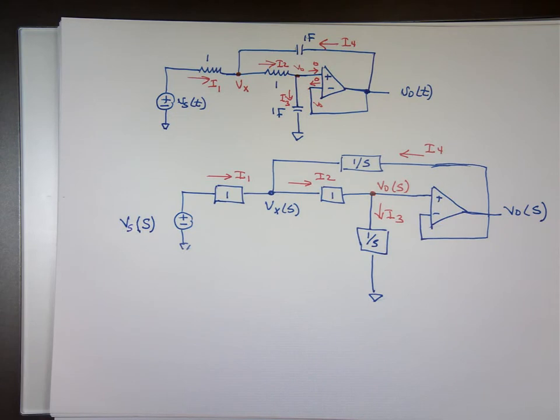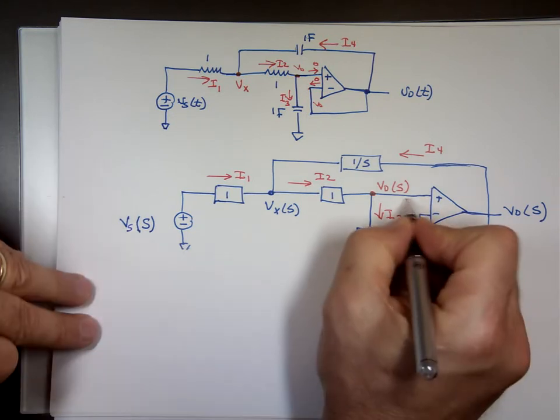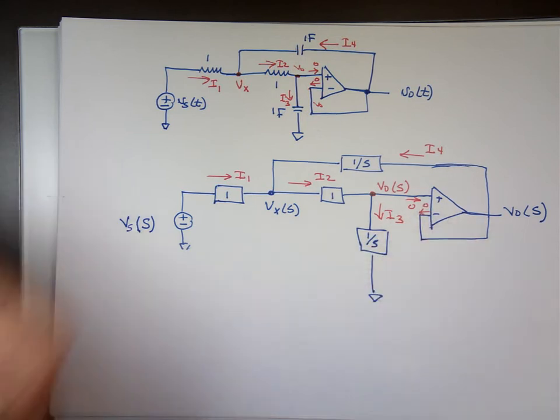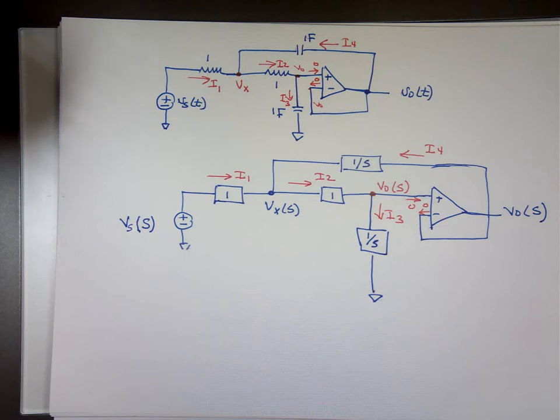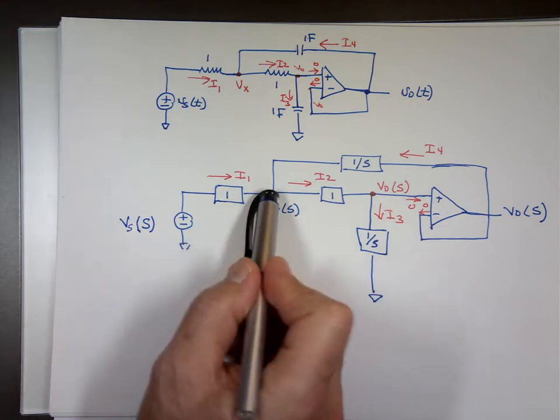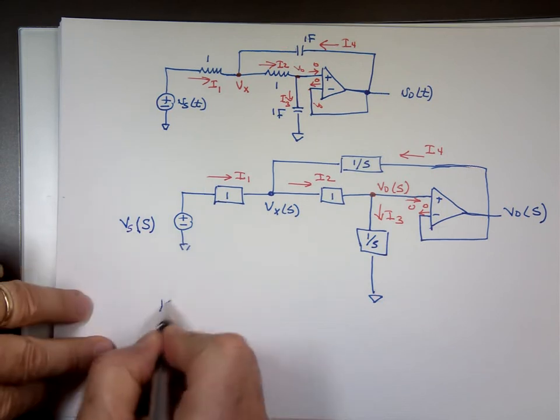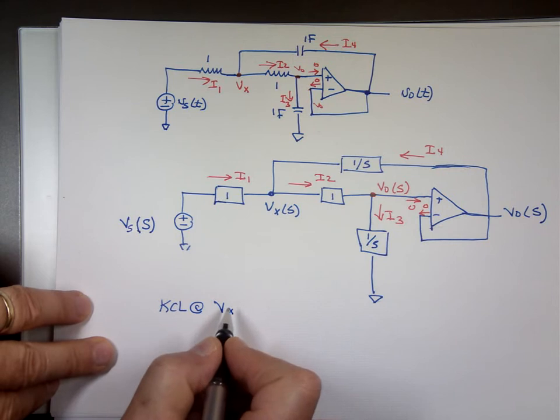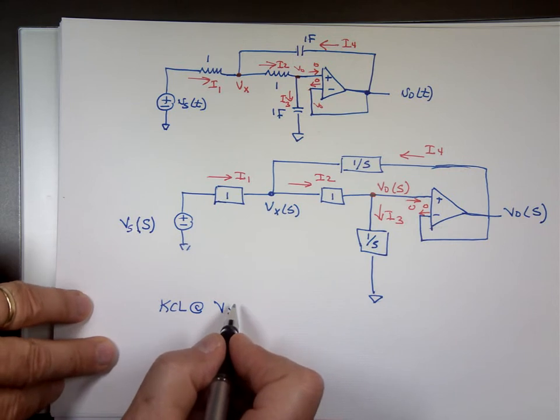The current going in here is 0. The current coming out here is 0. If I do KCL at Vx, are I2 and I3 the same current? Yep, it will be, if there's 0 volts.